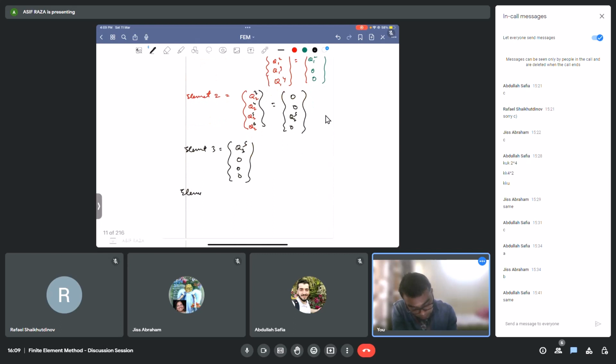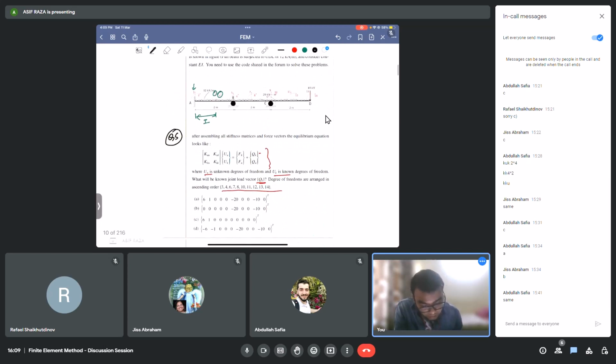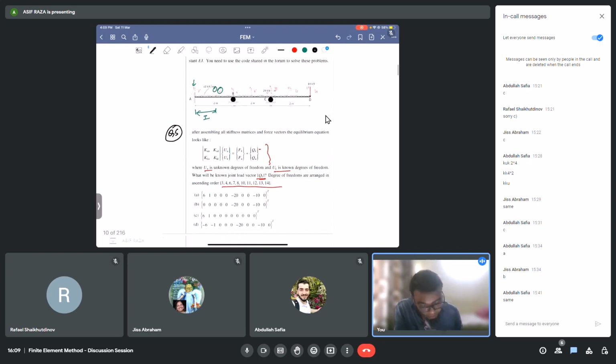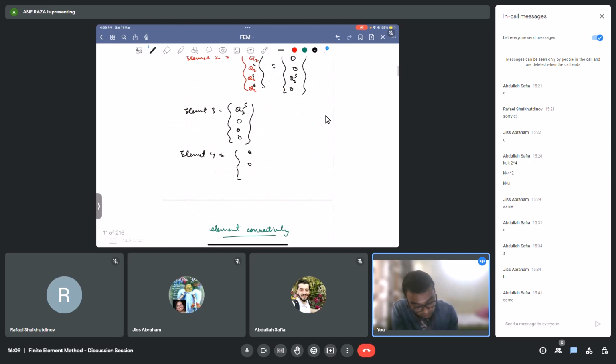Element 4, 0 0, and we have 9 positive, but that will be unknown, q49.